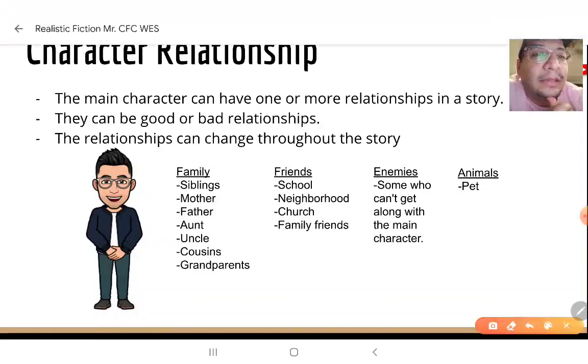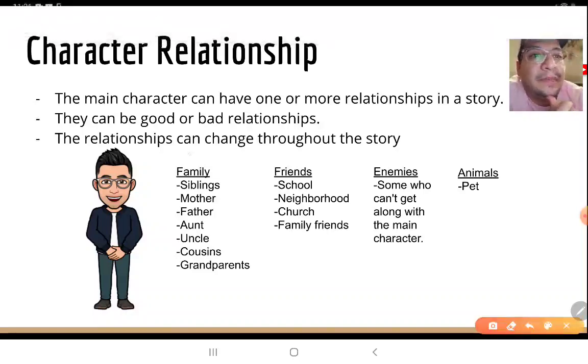Here we have examples. For example, it could be a family member, right? Family member. It could be a friend. It could be enemies or an animal, right? Those are possible friends and possible characters in a story. Because in a family, you can have a brother in a story, the mom, the dad, an aunt, an uncle, a cousin, and maybe grandparents, right?